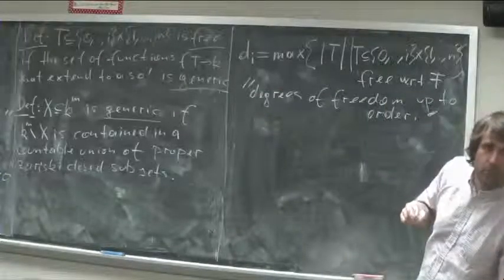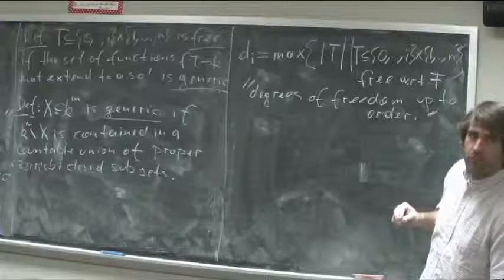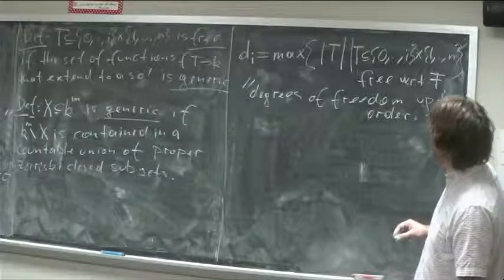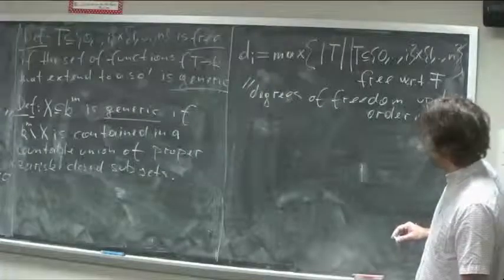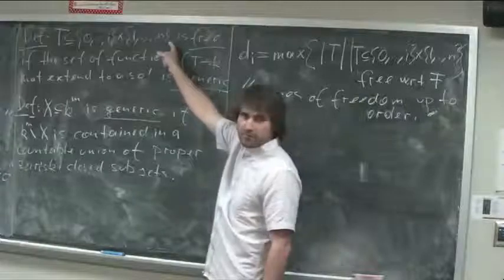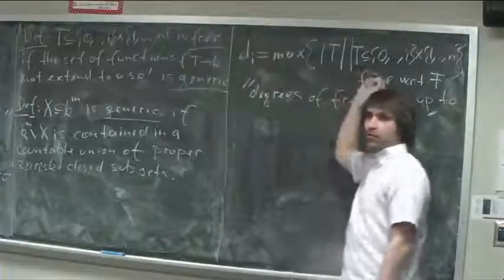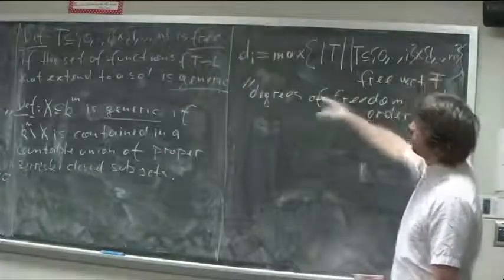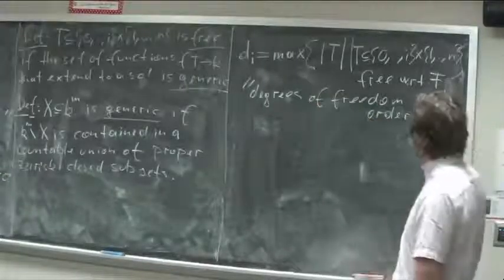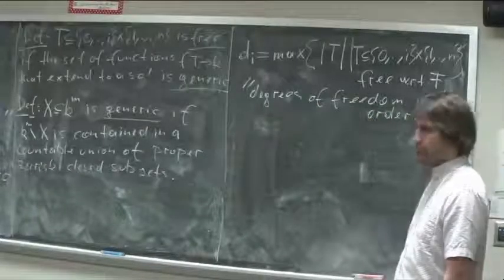Say it again? Free means that for a generic function from T to K, that extends to a solution. Exactly. Yeah, it's exactly this definition. Not the old definition which was here, which was bad, but this one is the correct one, which gives the desired result.